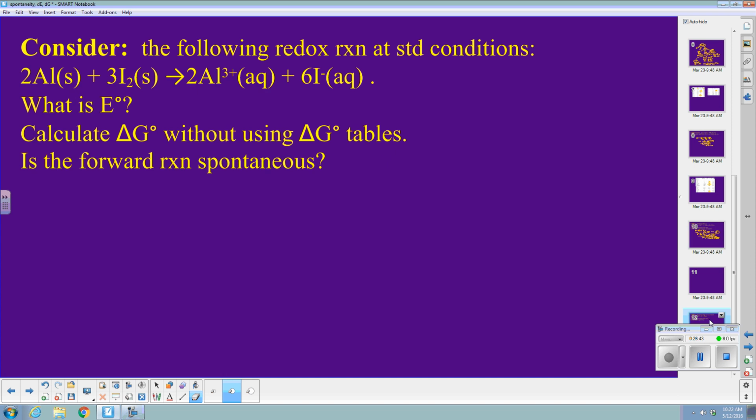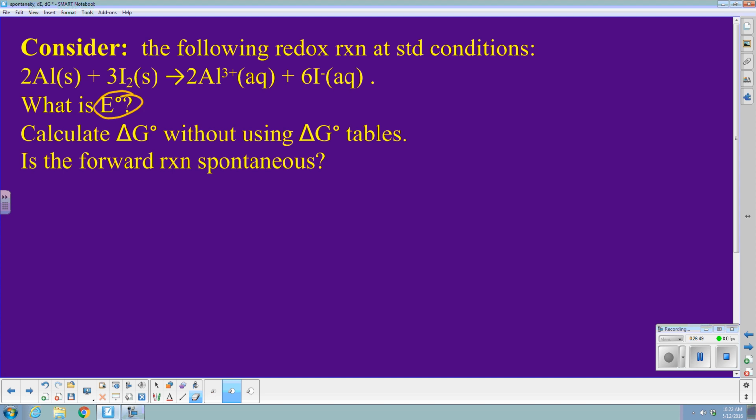All right, here we go. Let's do this. First thing we have to do is calculate our E prime, and I want to figure out how many electrons are transferred. So I have aluminum, and I have I2. My aluminum is going to aluminum 3 plus, and my iodine is going to I minus.